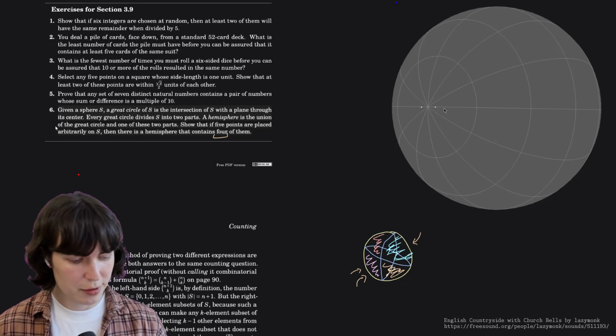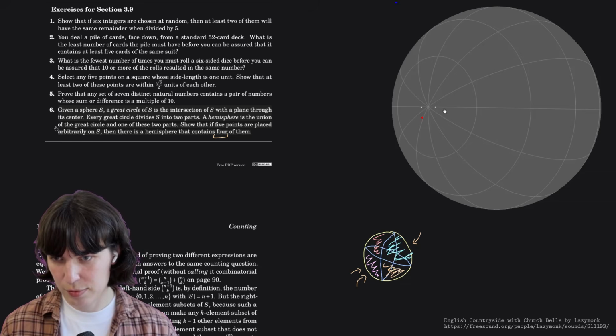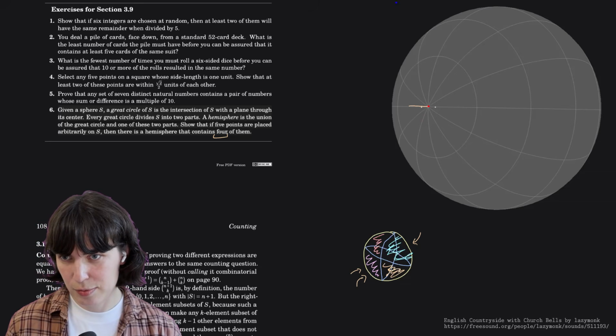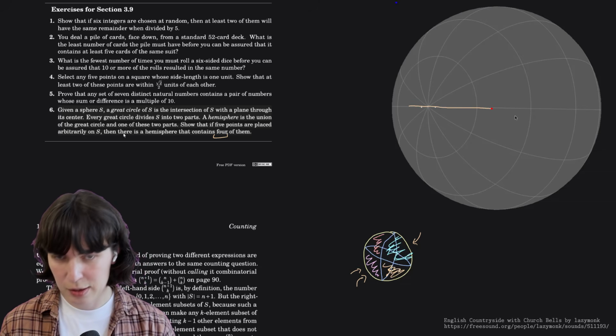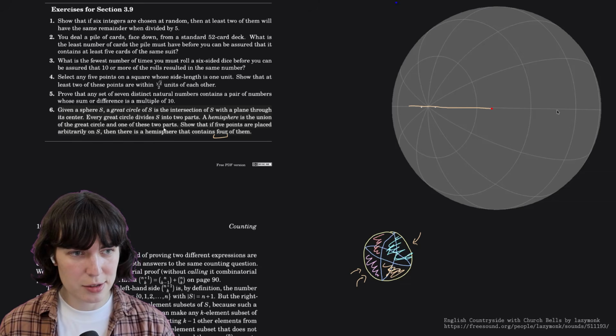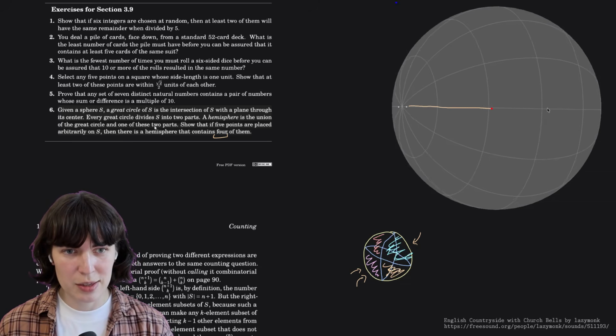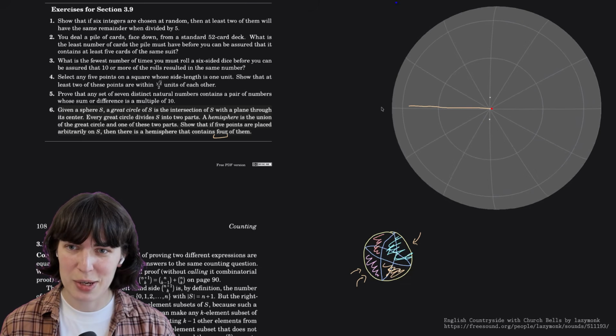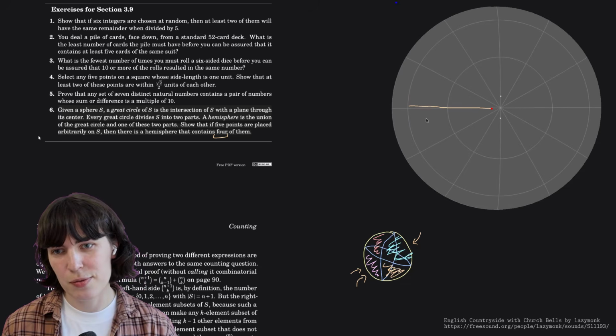We could draw a line here that connects these 2 points. And then this would contain this. We would split these 2 points here. Then we would have 3 points in each hemisphere, at which point the next point will need to be in one of those hemispheres.